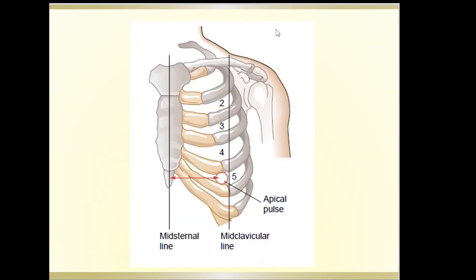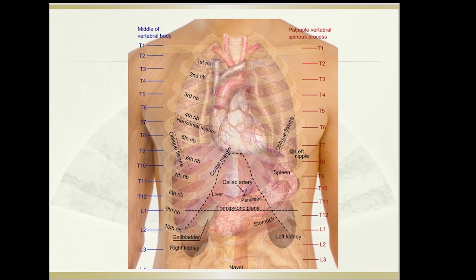Coming back to this picture, that's the heart location. Normally the heart goes more to the left side, but also covers the middle chest area, but more to the left side.